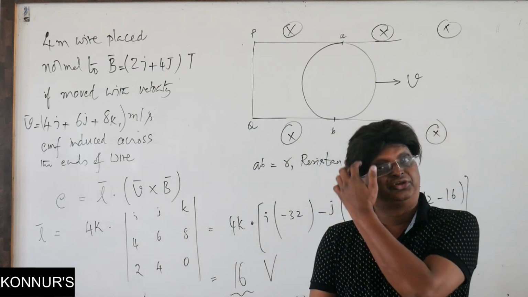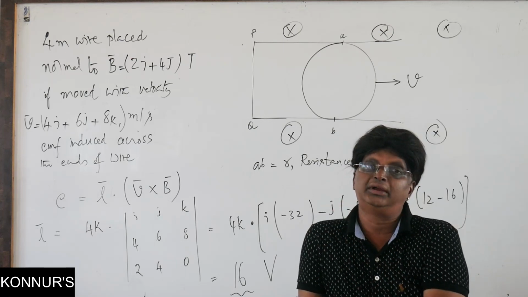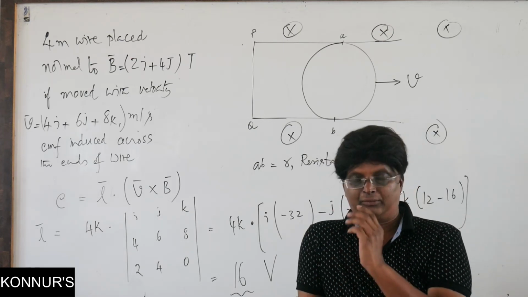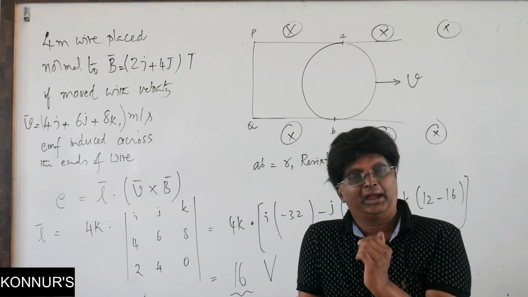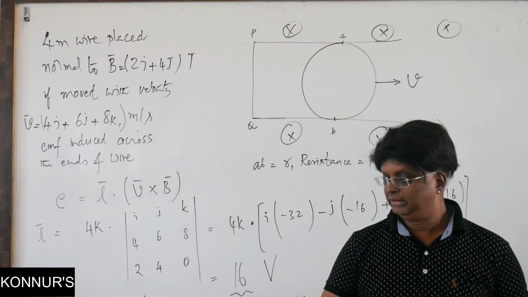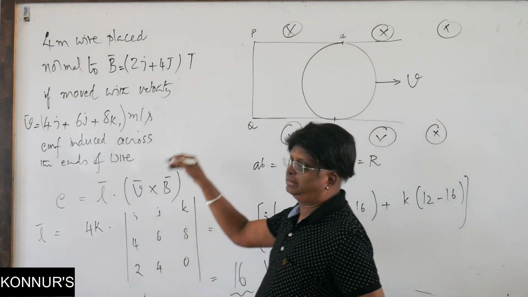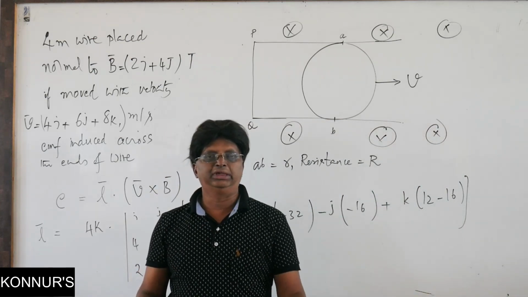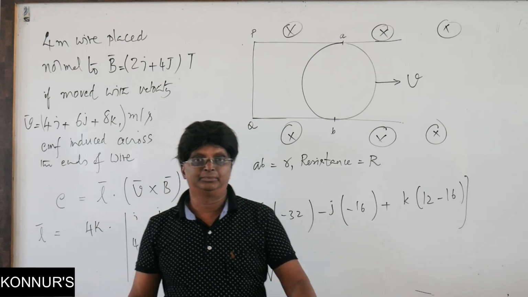Such an intelligent question is first data. Using the data we have given, we have written all the data in vector forms, then using the rule of dot product and again rule of cross product, and the examples. So E is equal to BLV sin theta examples.